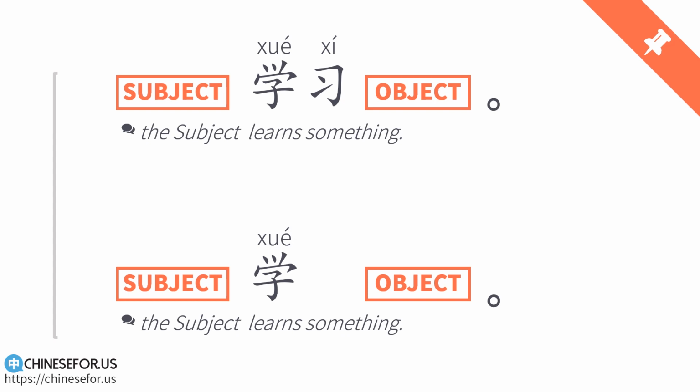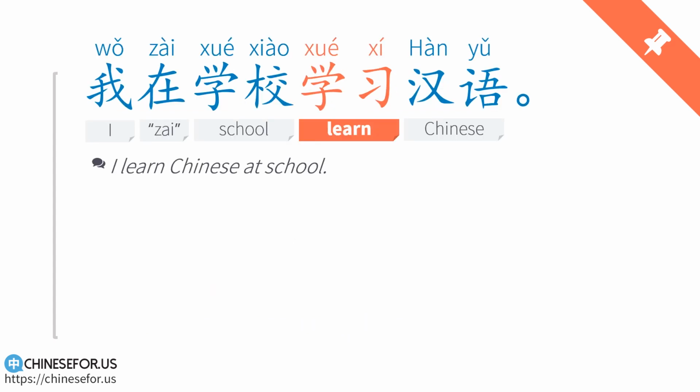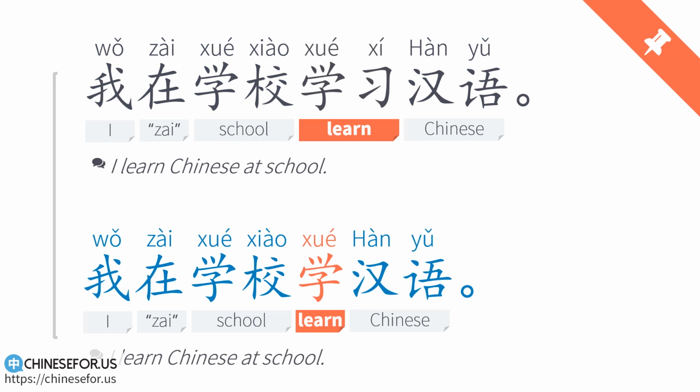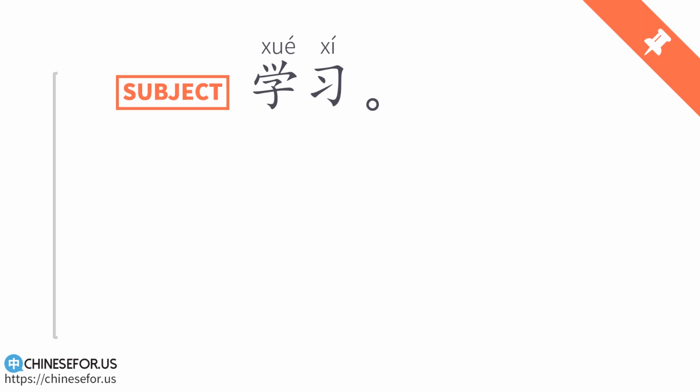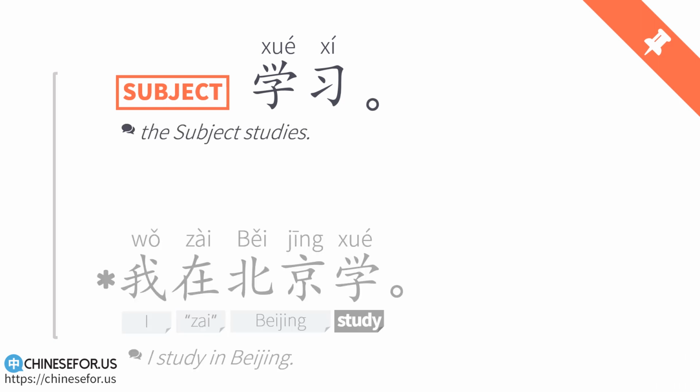The subject learns something. Both are okay. But when there's no object after 学习, the subject studies in general, we cannot say 我在北京学.